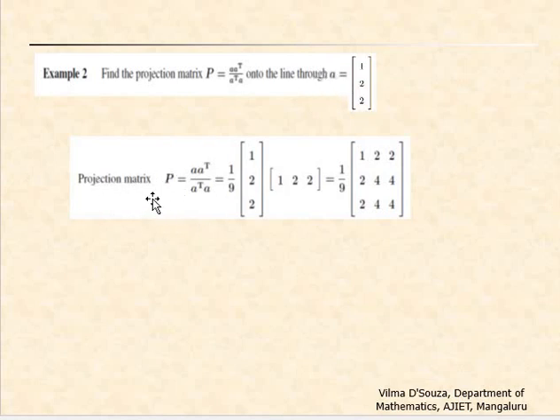Sometimes they will not mention it, they will simply say find the projection matrix P. So remember this: A A transpose divided by A transpose A. So what is the projection matrix? P is equal to A A transpose divided by A transpose A. Very simple it is.